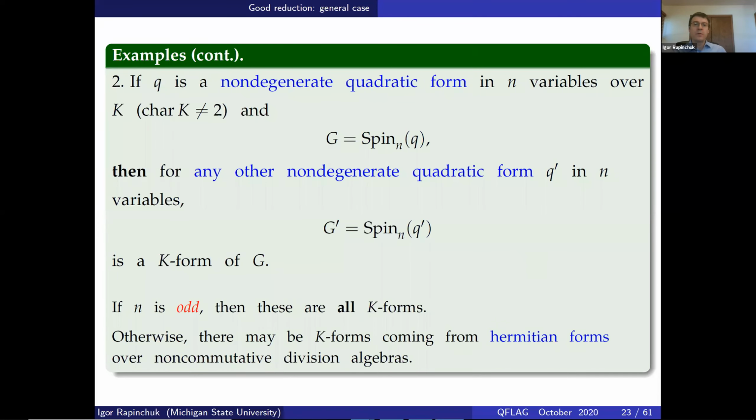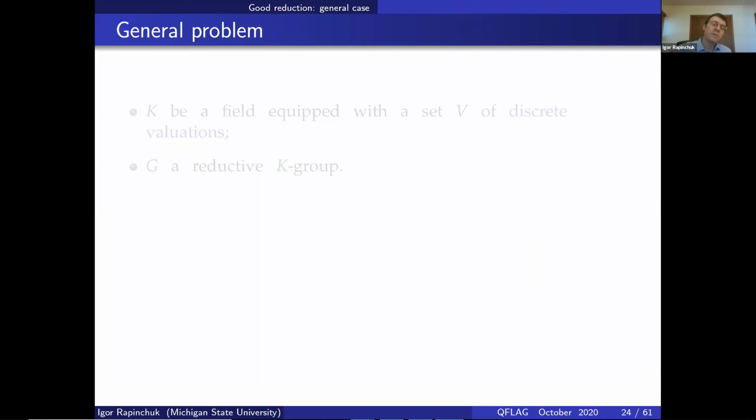Okay, so now, having the definition of good reduction and also having reviewed the notion of K-forms, I can formulate the general problem that we're interested in studying.